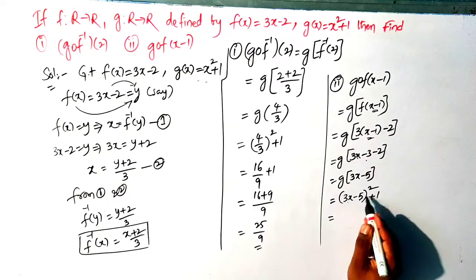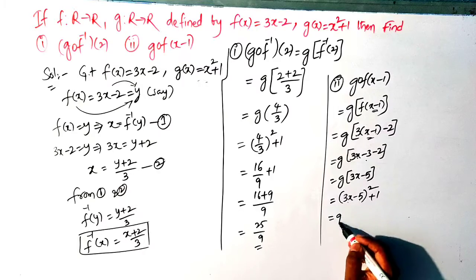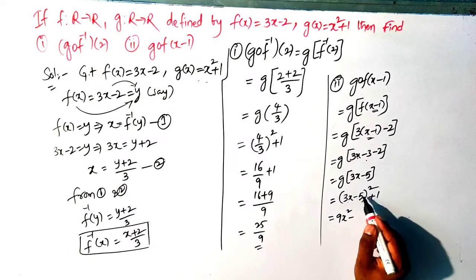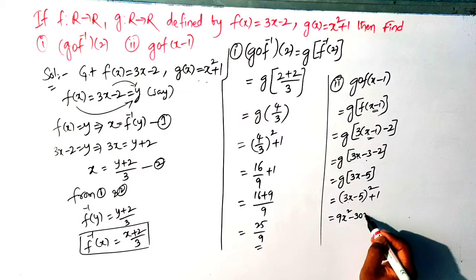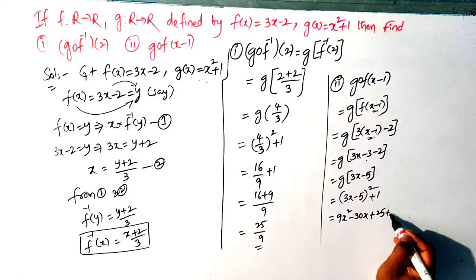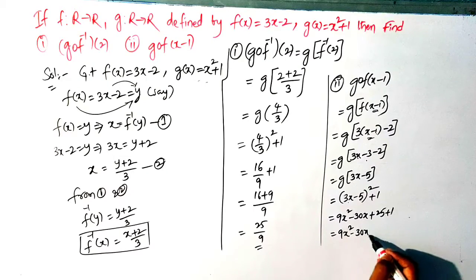So a minus b whole square form, that is a square minus 2ab plus b square, that is 9x square minus 2ab, 2 3s are 6, 6 5s are 30x, plus b square 25, plus 1. So 9x square minus 30x plus 26 is the value of g circle f of x minus 1.